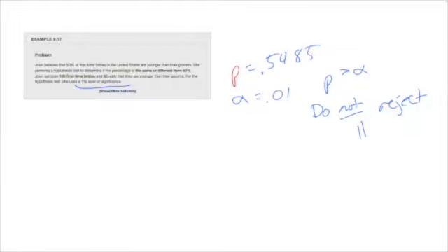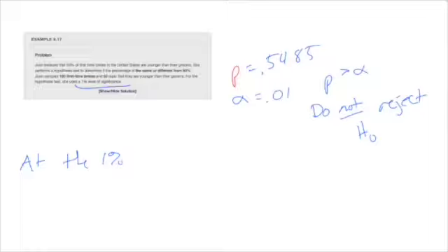So in this example, though, the claim was the null hypothesis. So really, we're saying that her claim could be true. But if we are failing to reject the null, that means we don't have sufficient evidence for the alternative hypothesis.